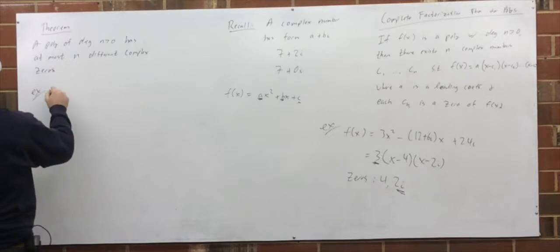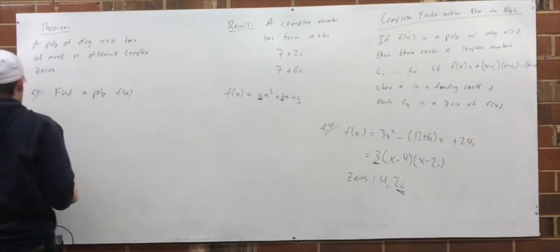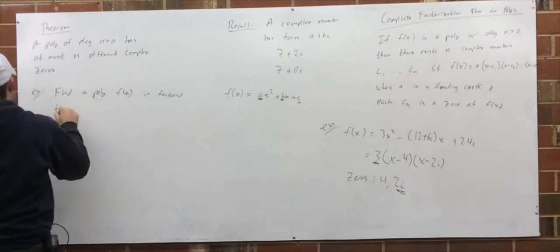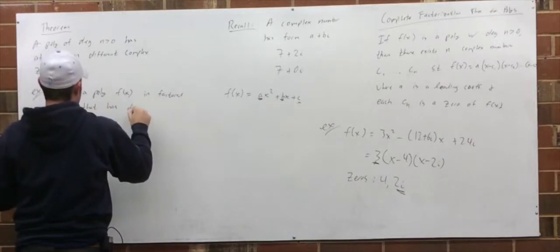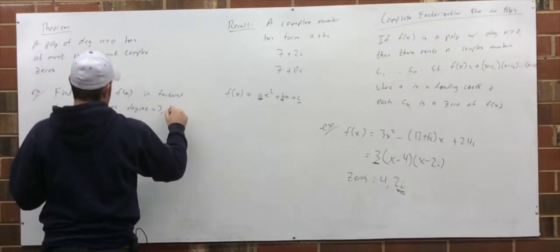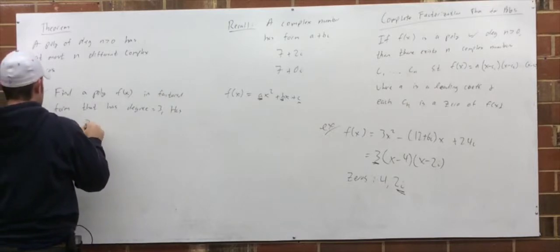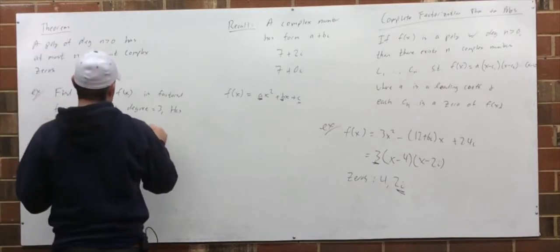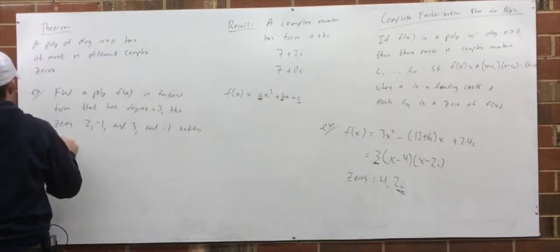All right, let's look at an example. Find a polynomial f of x in factored form that has degree 3, it has zeros 2, -1, and 3, and it satisfies f of 1 is equal to 5.